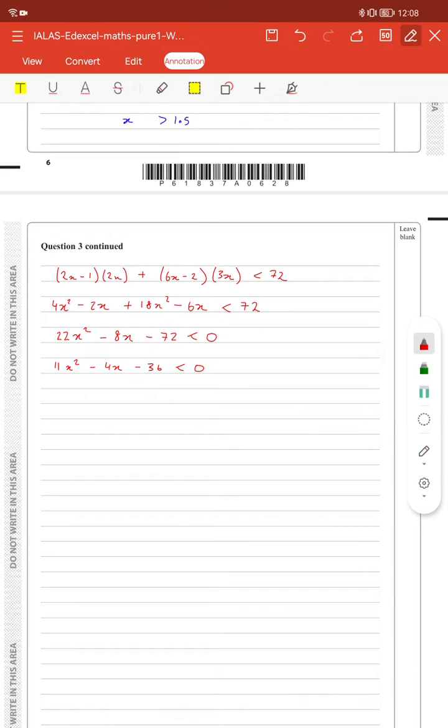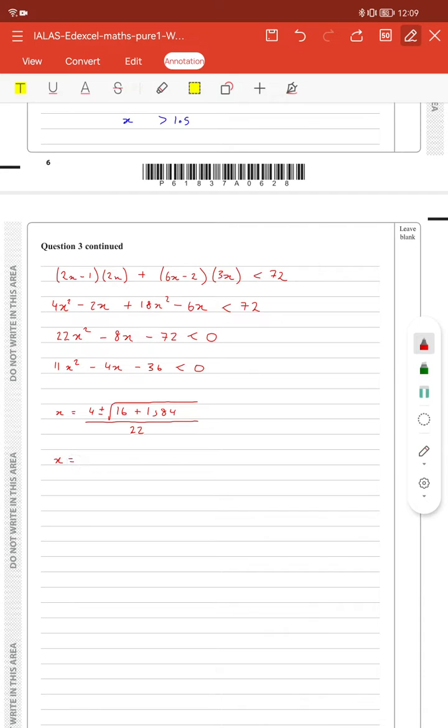Now that looks pretty difficult to factorize easily, so you can use the quadratic formula. And your answers, remember, if we were to write it out, would be 4 plus or minus the square root of 16 minus 4 times 11 times minus 36, so plus 1584, all over 22.